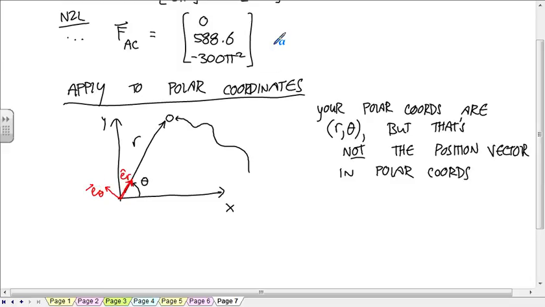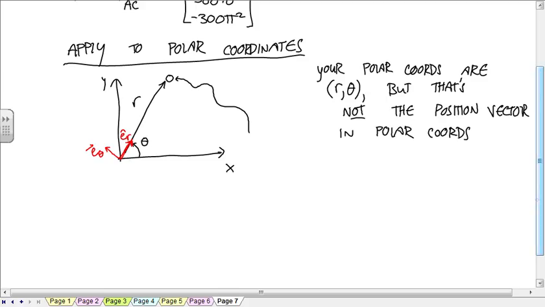In this coordinate system, what's the position vector of the particle? Well, how far do you have to go in the e_r direction to get to the particle? r.